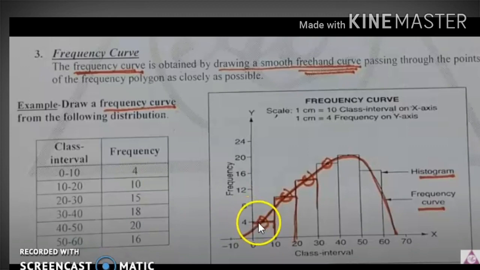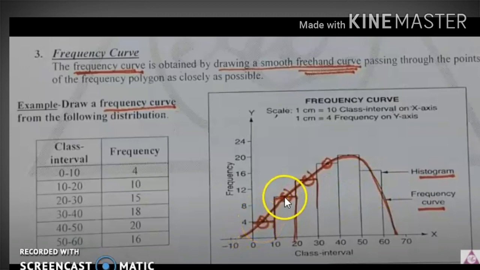As it's starting from 0, you have to mark a point before 0, that's minus 5 you have to mark here. Then you can find a frequency 4 here. Then after marking histograms, that's 4, 10, 15, 18, 20, 16, you can mark with your free hand.